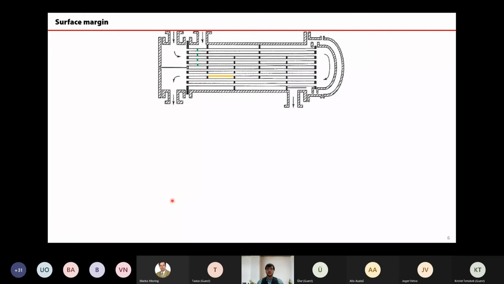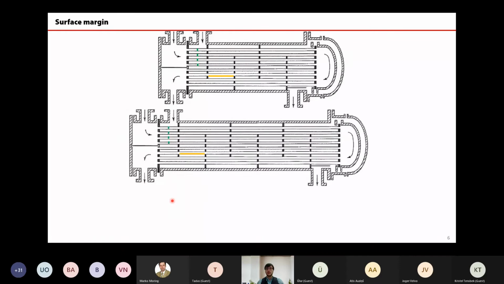So if there was not enough heat transfer area, or this heat transfer area was not corresponding to the demand of the district heating network in terms of this surface margin, the designer was taking simply the next standard heat exchanger from the catalog, which in most general case led to simply taking the same diameter of the shell, same number of tubes, same type of the tube pack, just longer tubes.